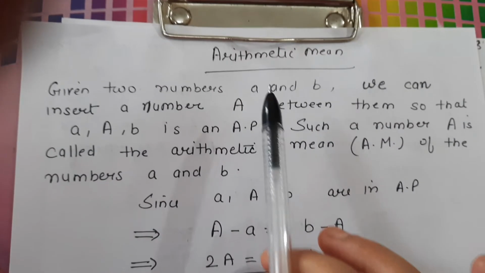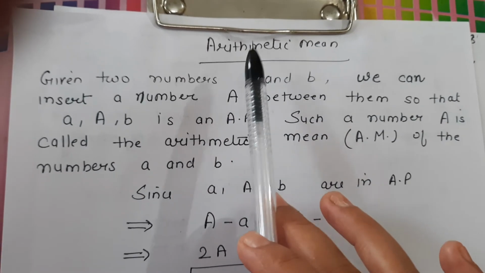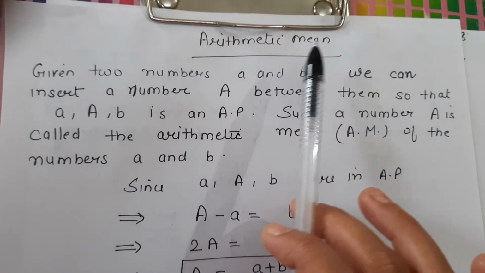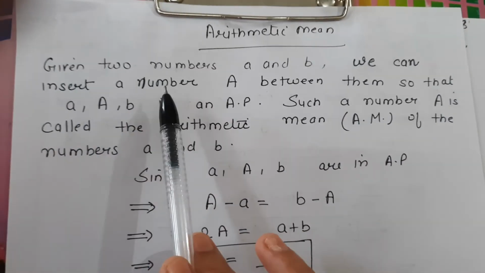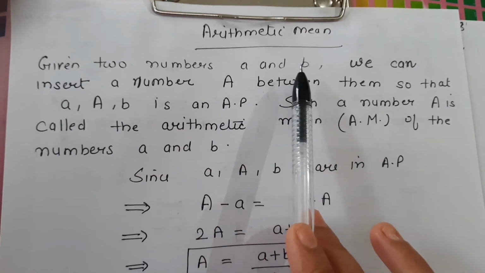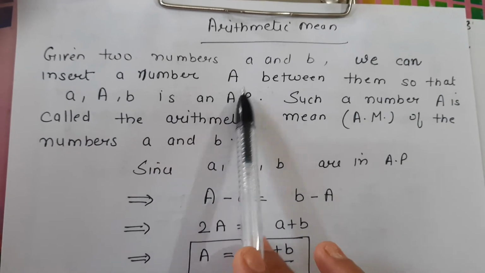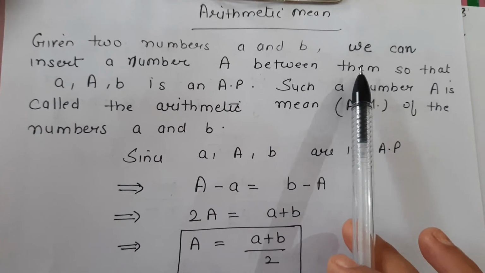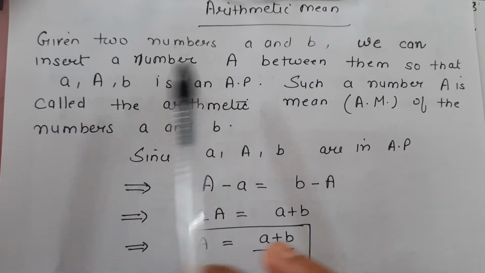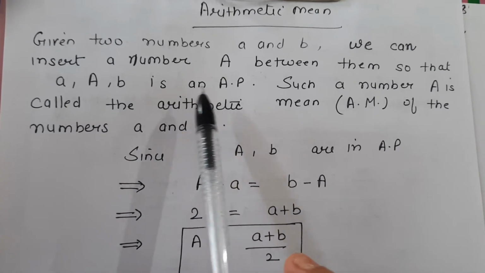Now I am going to discuss a very important topic from this exercise, that is arithmetic mean. Just look here. Given two numbers a and b, we can insert a third number capital A between them so that a, this capital A and b is in AP.